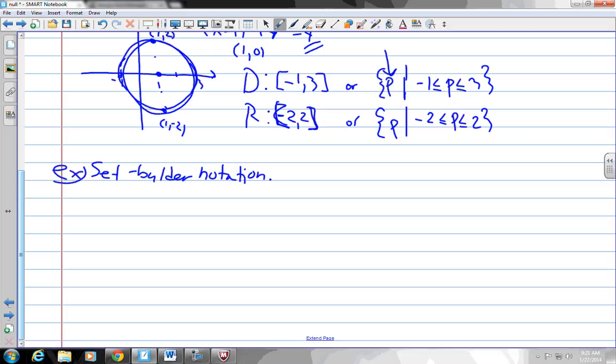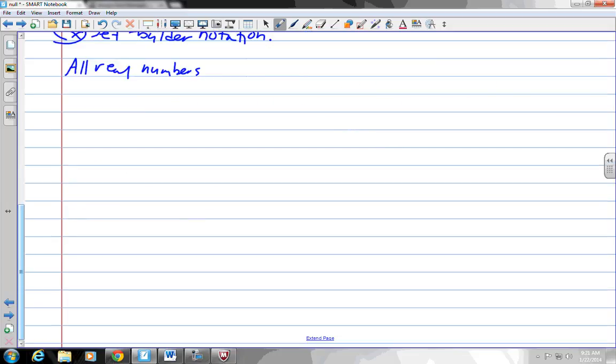Let's say I want to just list all real numbers from, again, -1. Well, I just say all real numbers greater than -1 and less than or equal to 5.